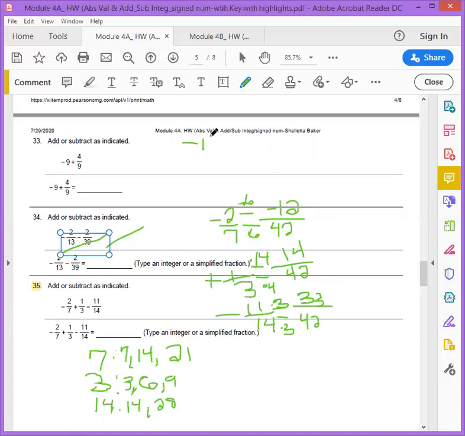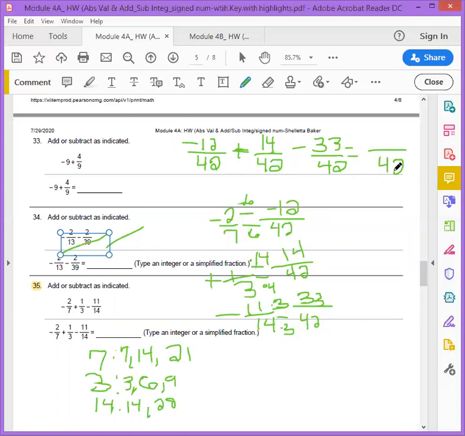We have negative 12 over 42 plus 14 over 42 minus 33 over 42. So we'll keep the denominator of 42.